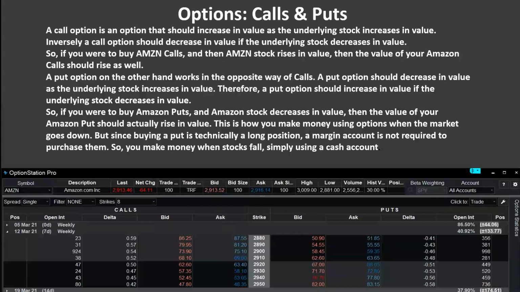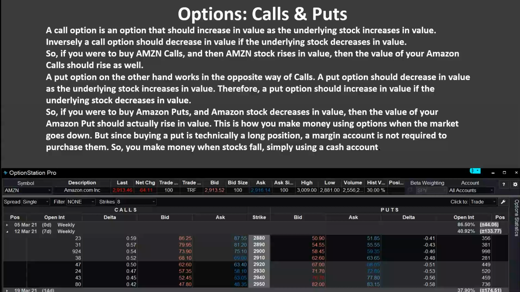If a call option goes down in value when a stock price goes down, a put option will go up in value as a stock price goes down. So if you were to buy Amazon puts and Amazon stock decreases in value, then the value of your Amazon put should rise in value. And this is how you make money using options when the market goes down.